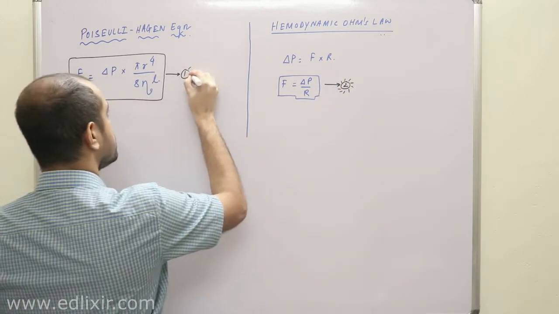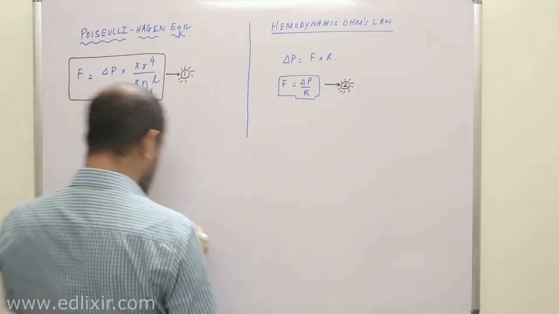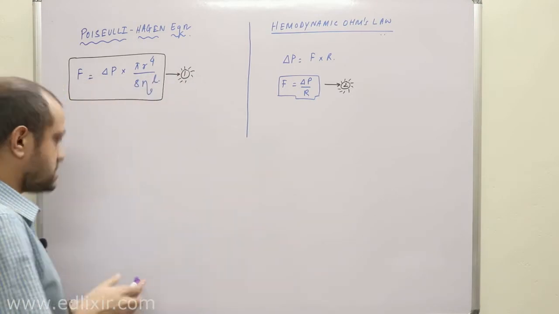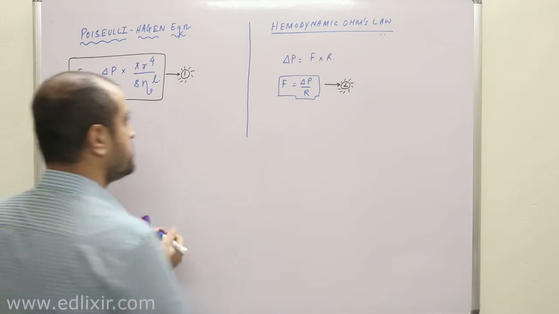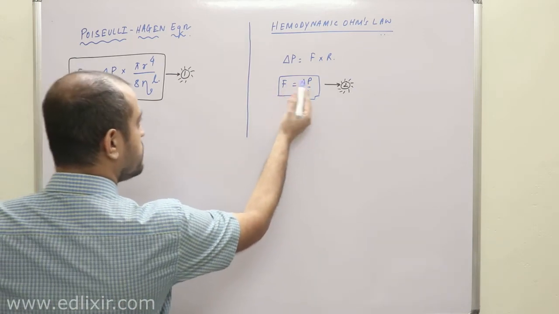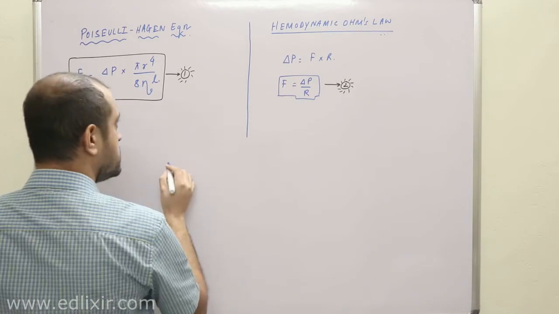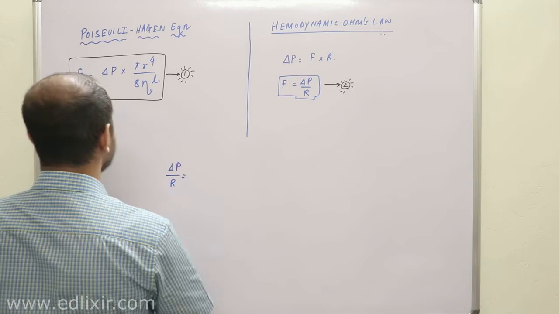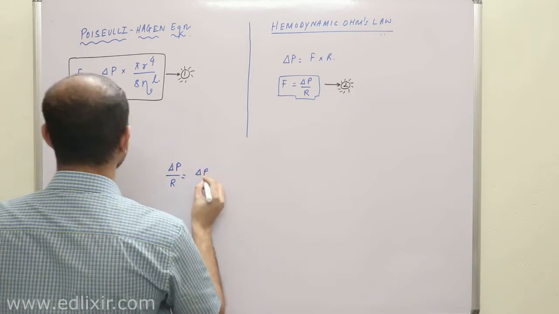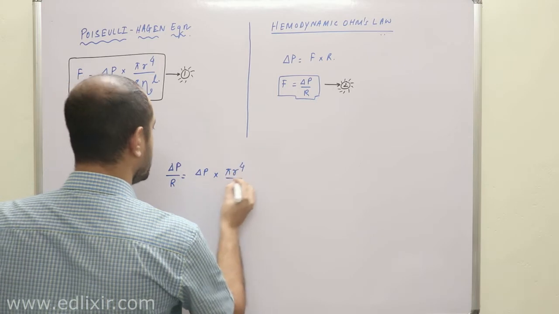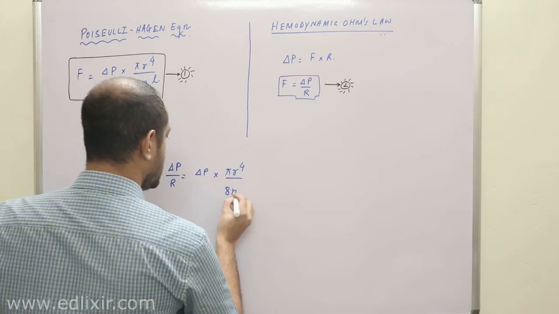Now, a very interesting part you need to understand here: if you equate these equations and put the value of F here, that means delta P by R equals delta P into pi R to the power 4 divided by 8 eta L.